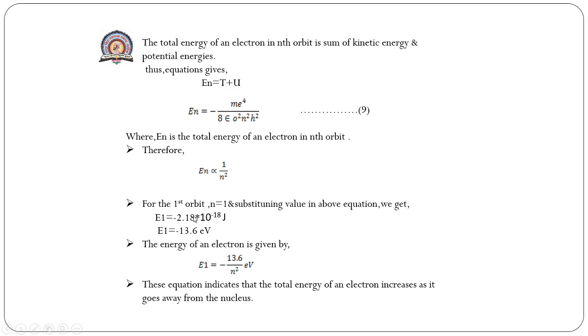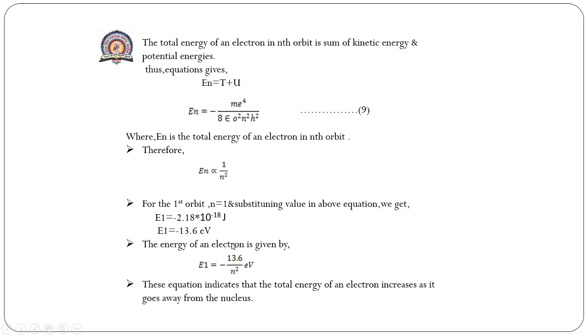E1 is equal to minus 2.18 into 10 raised to minus 18 joule. Now we have to convert this into electron volt. How is this possible? Divide this value by 1.6 into 10 raised to minus 19 coulomb. Then we will get the value of E1 is equal to minus 13.6 electron volt.